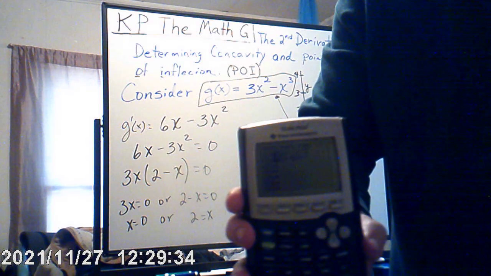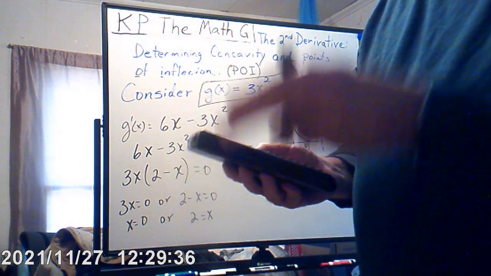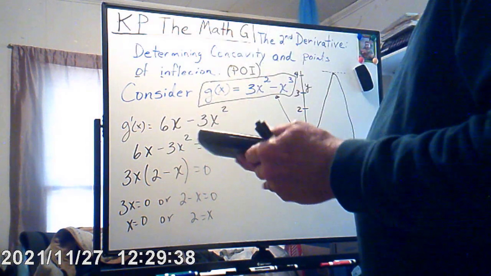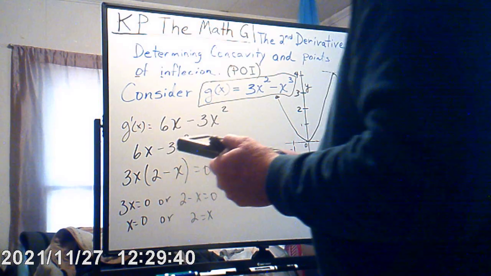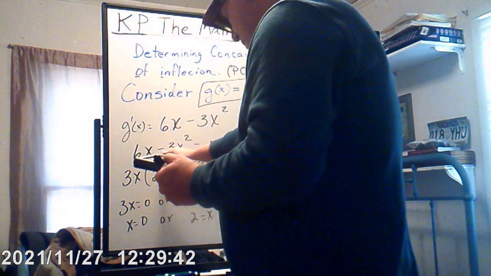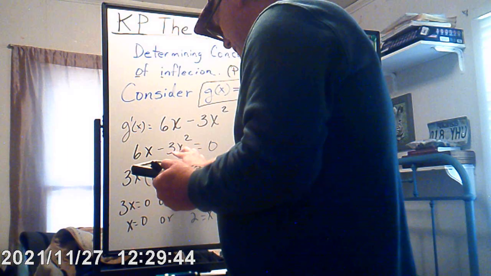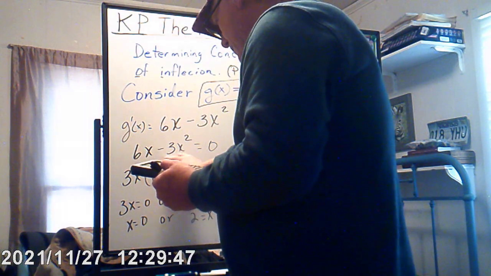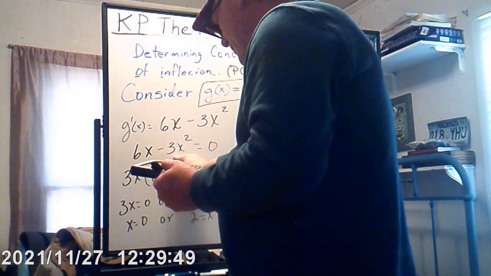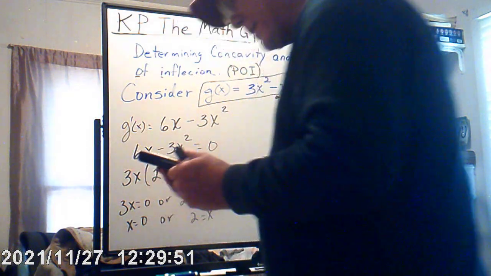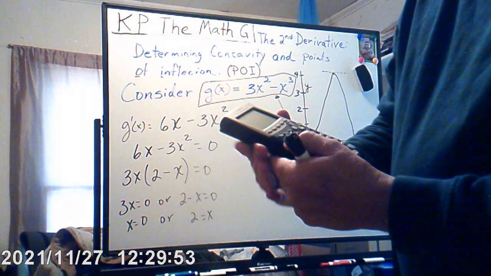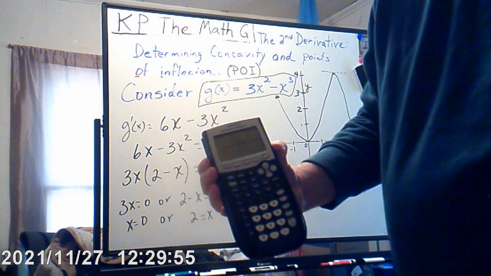That's what I'm doing right there. I want to draw the graph of that. It's going to be a parabola because it is squared, but this parabola is going to go down because there is a negative sign in front of the x squared coefficient. Well, here it is. I'm going to draw it. There it is right there.